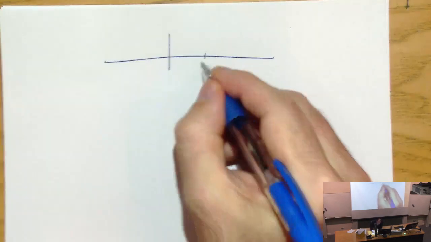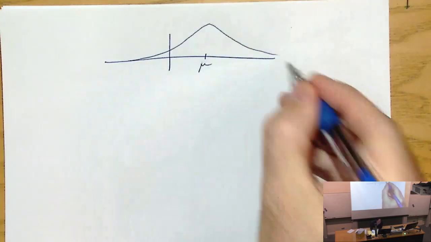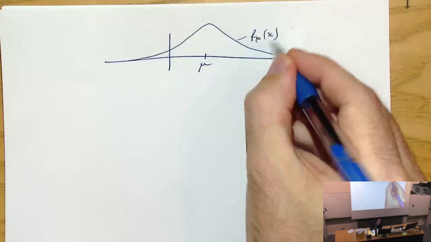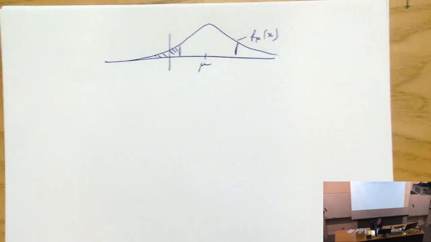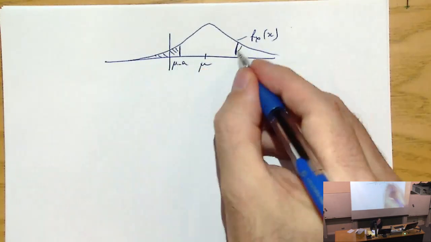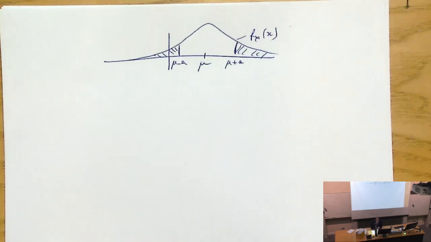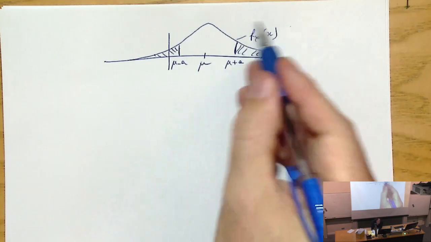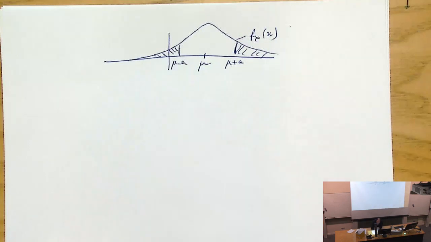So, for instance, if I have a random variable with a mean mu, and I know the distribution f_X of x, I can, for instance, compute the probability that x is smaller than mu minus a, and the probability that x is larger than mu plus a, right? So this can be computed as the integral of f of x for all the x smaller than mu minus a and all the x larger than mu plus a.